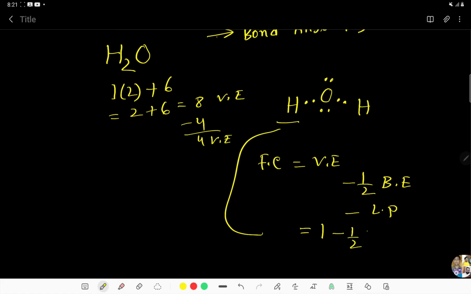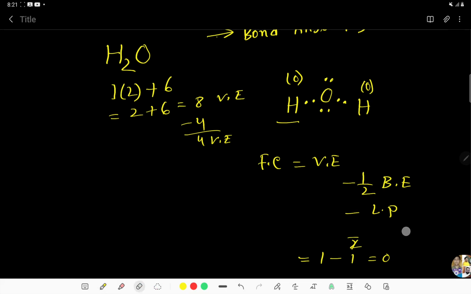Here bonding is 2, so half of 2 is 1. Then lone pairs of hydrogen: there is no lone pair on hydrogen. So 1 minus 1 is 0, right? So the formal charge of hydrogen in the water molecule is 0. This hydrogen and this hydrogen are in a similar electronic environment, so this hydrogen's formal charge will also be 0.